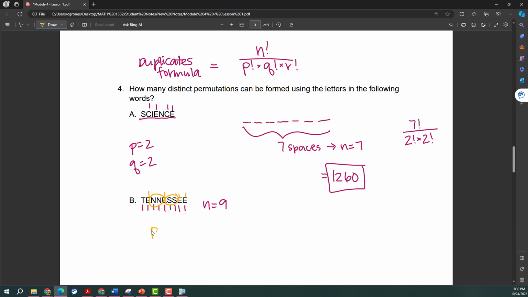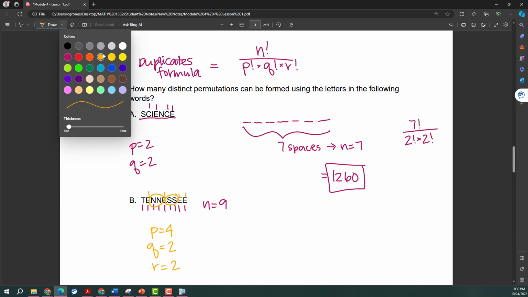So P, if we did E is E for P, then we would have 4 of those. I guess I'll just do it like that. Q equals 2 for the 2 N's, and then R equals 2 for the 2 S's, sorry. Having the different letters is confusing.